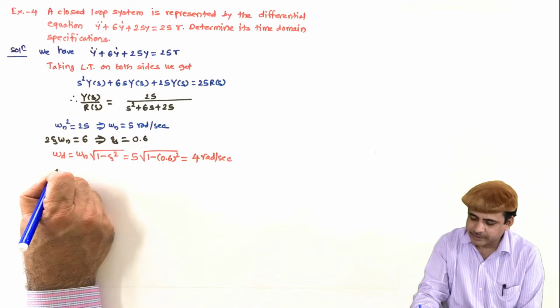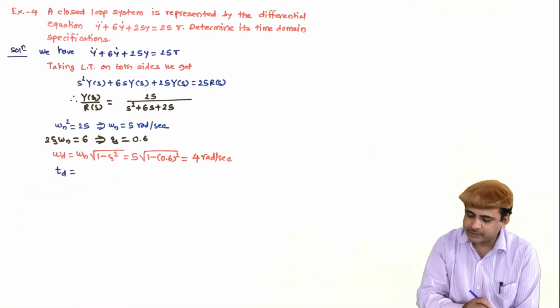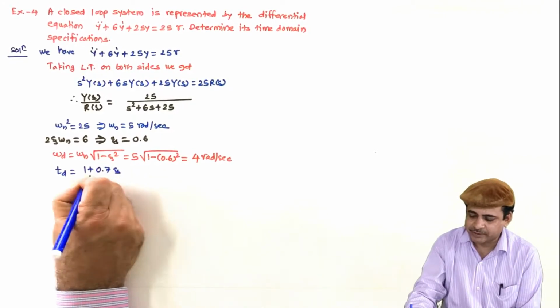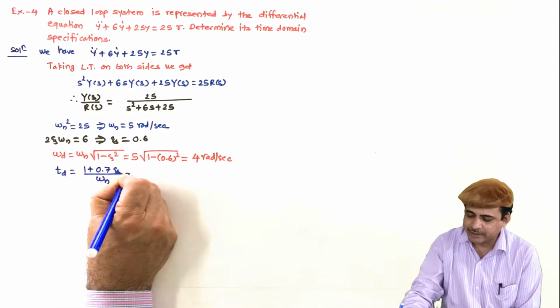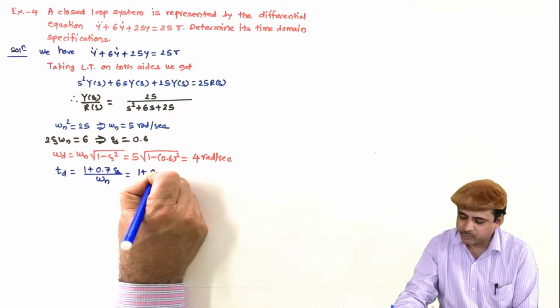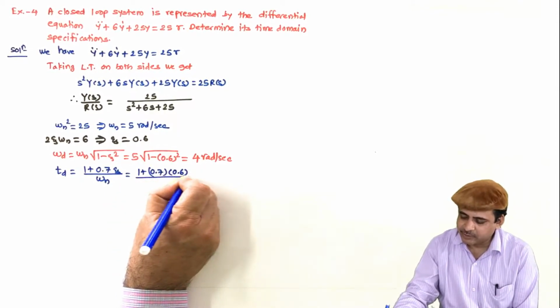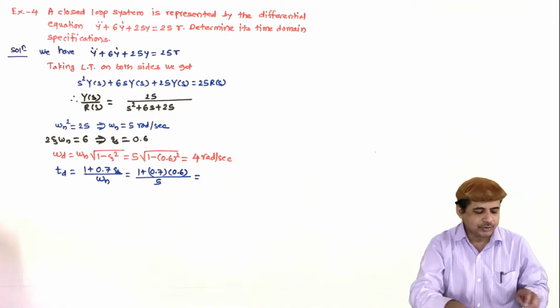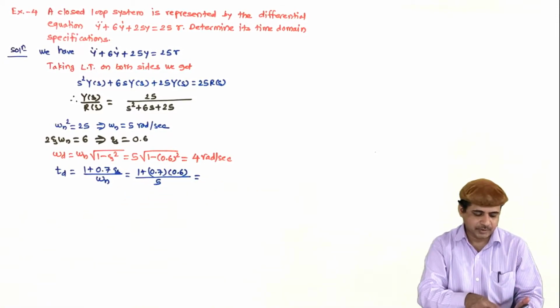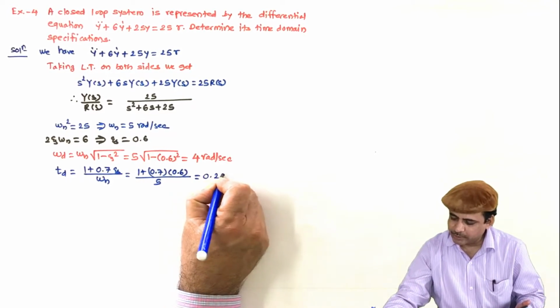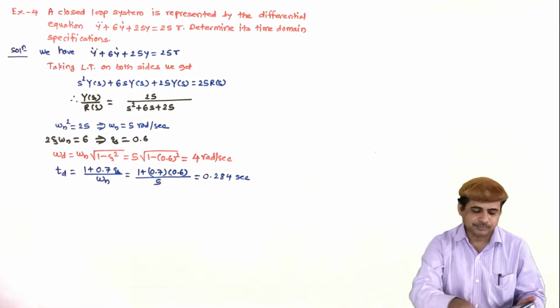Next is TD. So from here we start the time domain specifications. Formula is (1 plus 0.7 zeta) divided by omega n. So it is 1 plus 0.7 into zeta is 0.6, divided by omega n is 5. So it is 1 plus 0.42 divided by 5, 0.284 second.